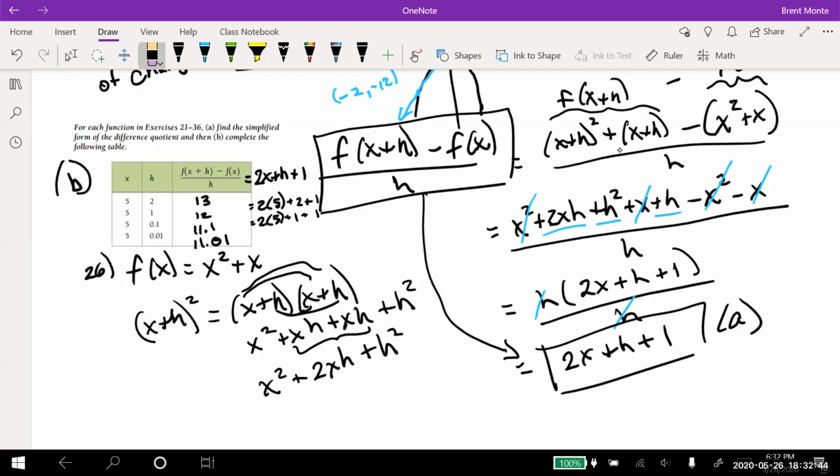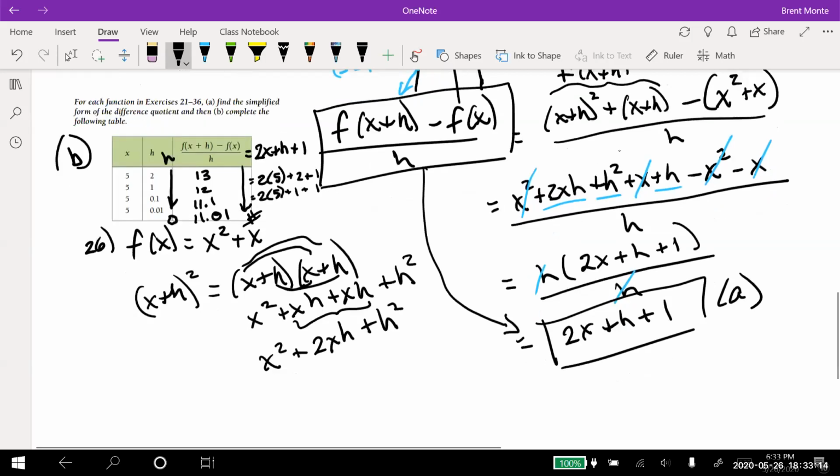Remember when we talked about limits last time, we are taking a limit as h. What's happening to h? Well, it started at 2, now it's 1, now it's 0.1, now it's 0.01. What I'm doing is taking the limit as h approaches 0. And what I'm looking to see is if this difference quotient approaches some number.